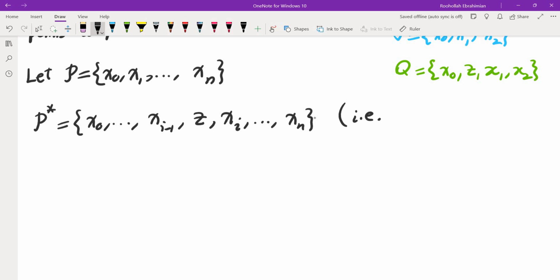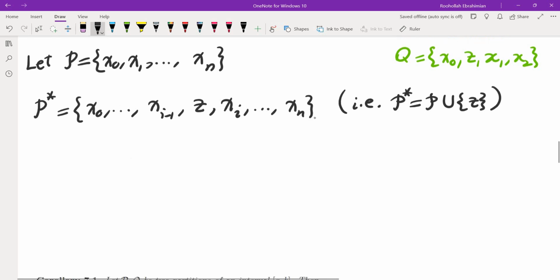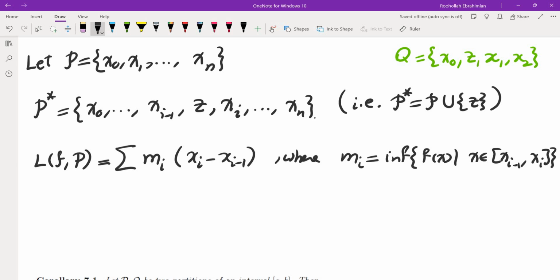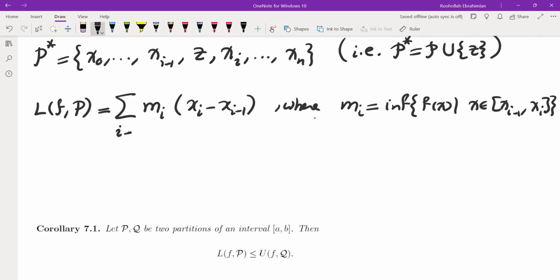That is, P star is P with the additional point Z. Now, if you write down the lower sum for f with respect to P, you will get the sum of mi times (xi minus x_{i-1}), where mi is the infimum of f(x) where x is from x_{i-1} to xi, and this is from 1 to n.